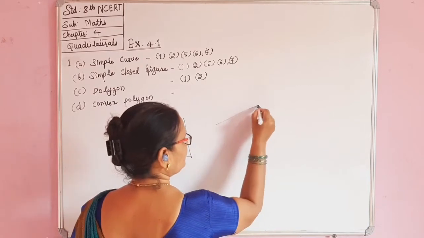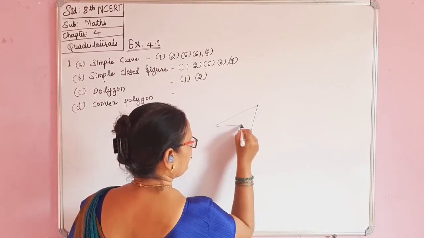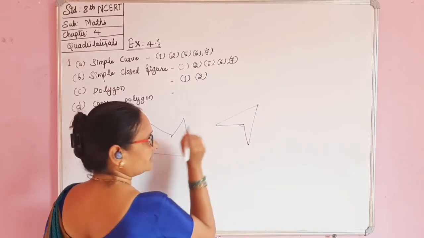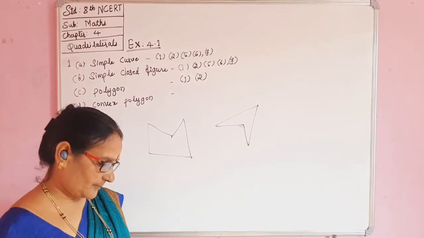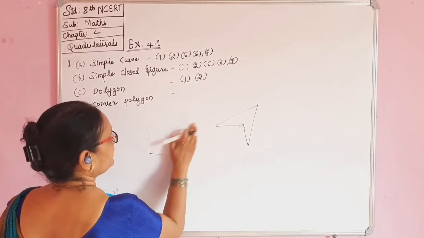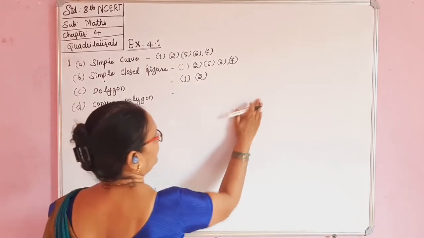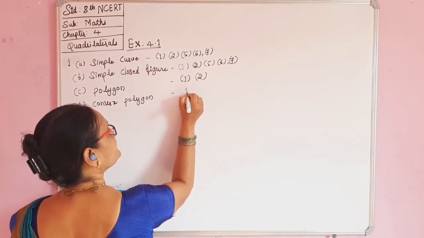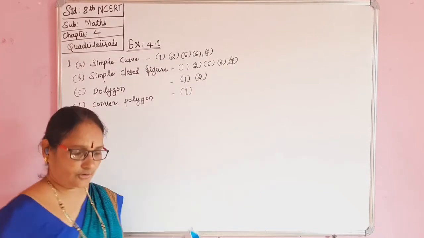Such types of figures are convex polygons. In this, which is convex? The first one is the convex polygon.